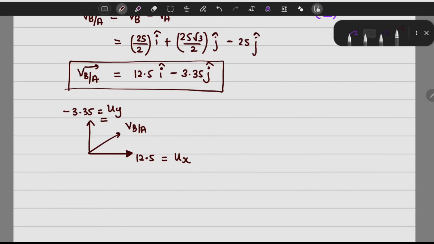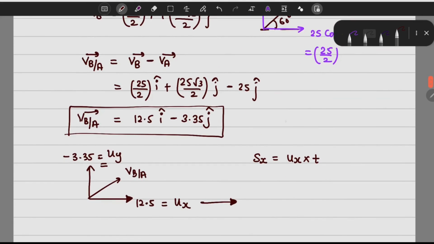Now we can find the distance traveled in the x direction. Sx is equal to ux into time, because let us neglect acceleration in both x and y directions.